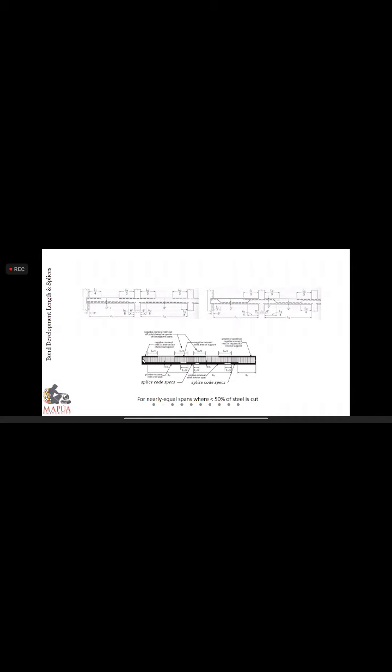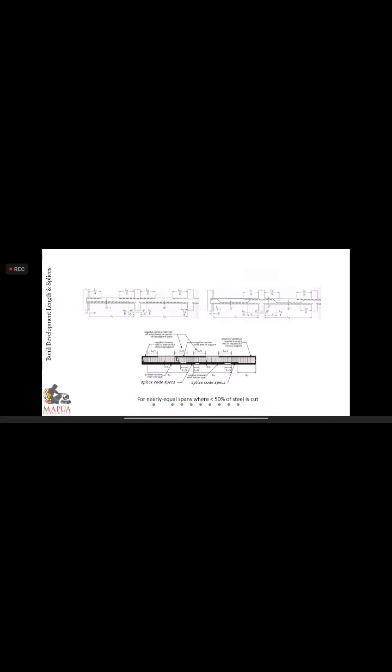That is about 12 db. There is also an embedment length here of about 40 db. So you already have 12 db here, 40 db here, and then you add the L/4. That's the cutting length for these extra top bars at this support reaction.